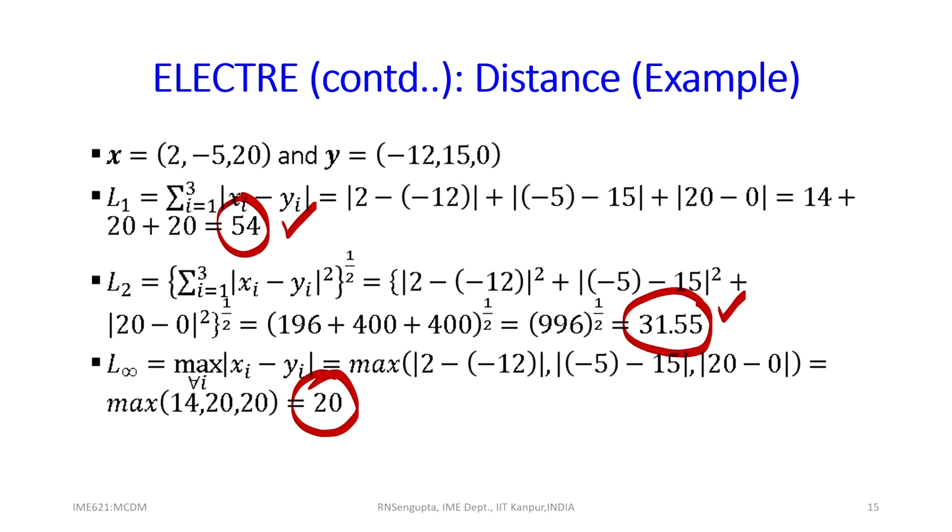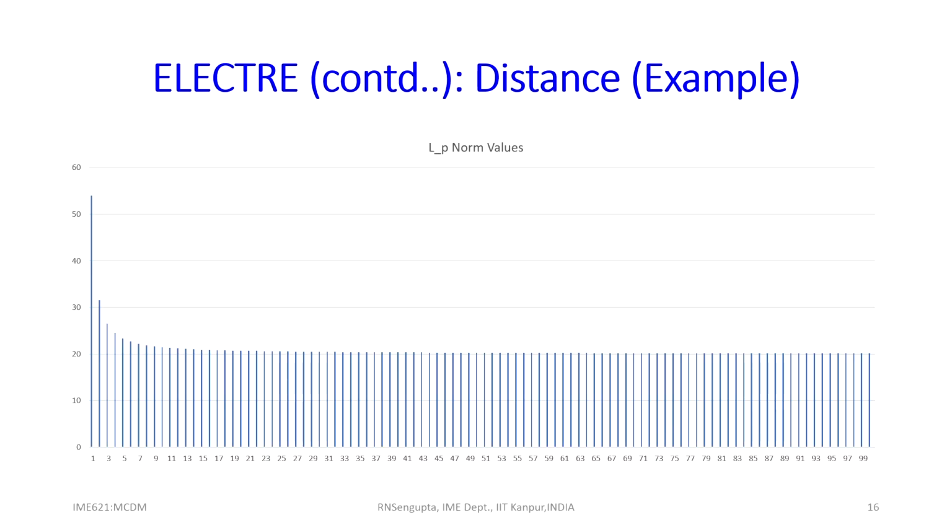So, can we have some visual flavor of that? Let us do it. I have just plotted the values of p. P is 1, 2, 3, 4 till infinity, and when p is 2, you have the L2.